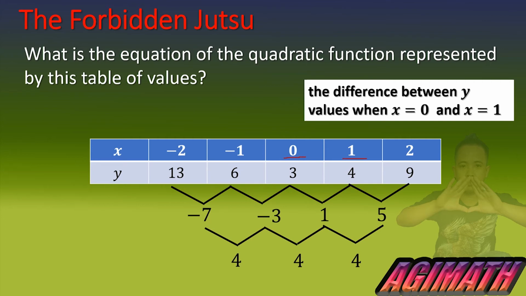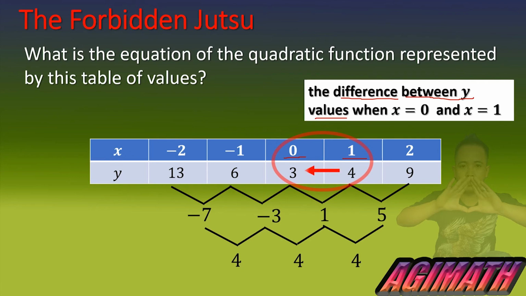If you can understand this phrase, the difference between y values, our concern is the difference between the y values. So we are going to look at the y values.